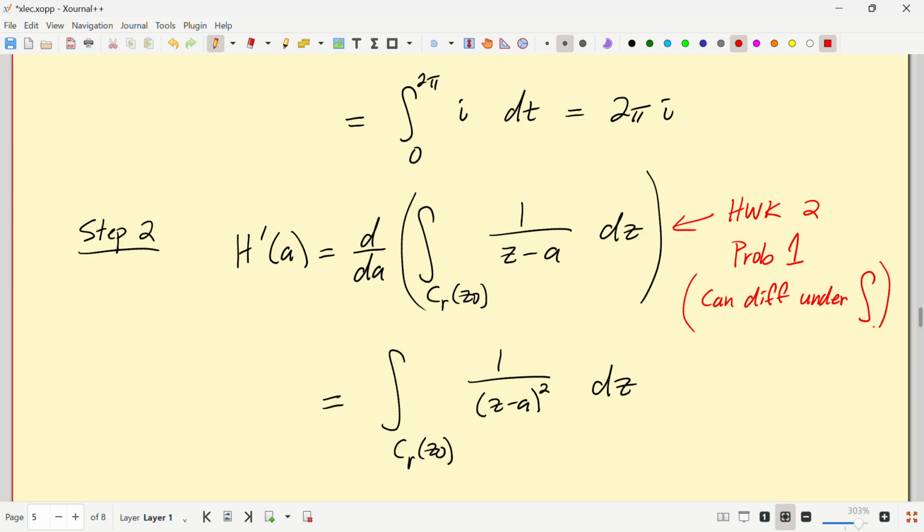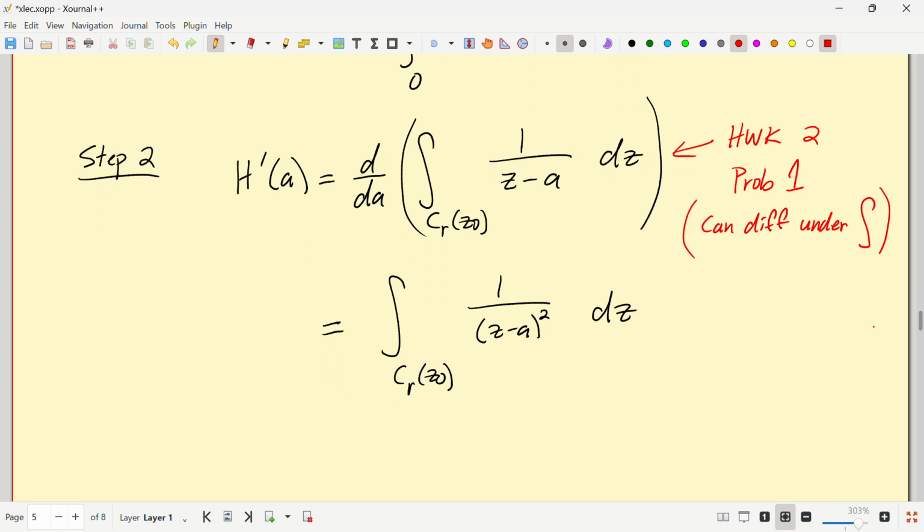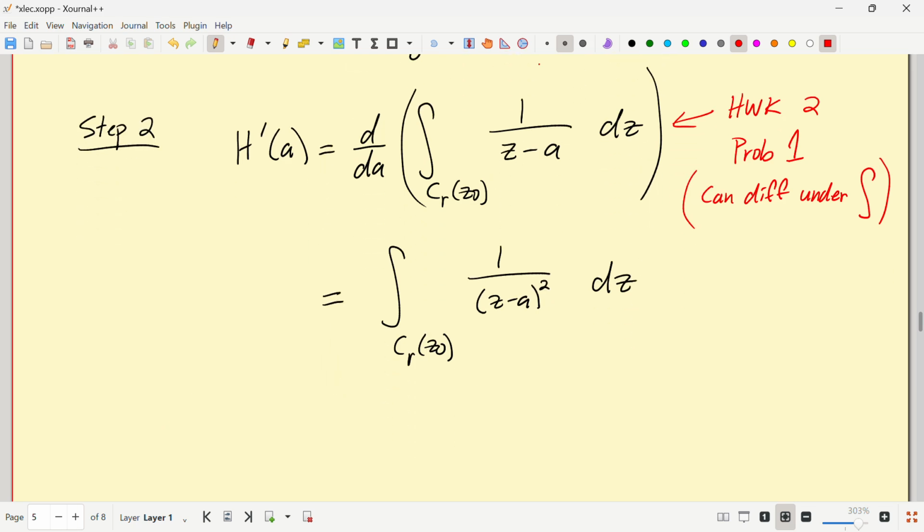And now the aha moment is that's the derivative of something in the z variable. So this is equal to the integral of a derivative in the z variable this time, d by dz of minus 1 over z minus a.